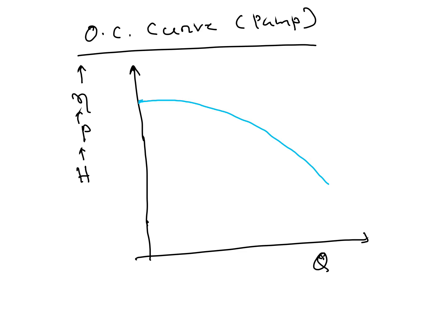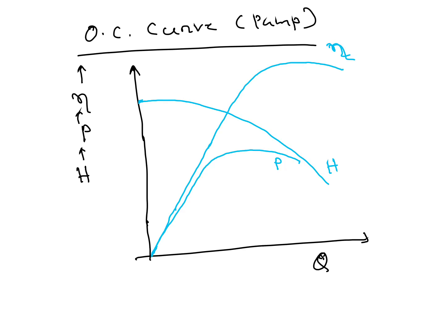And for efficiency, it will go on increasing, after a certain point it will decrease. This is for efficiency. And for power, it will increase, after a certain point it will decrease. This is for power. So this is the end of this part.